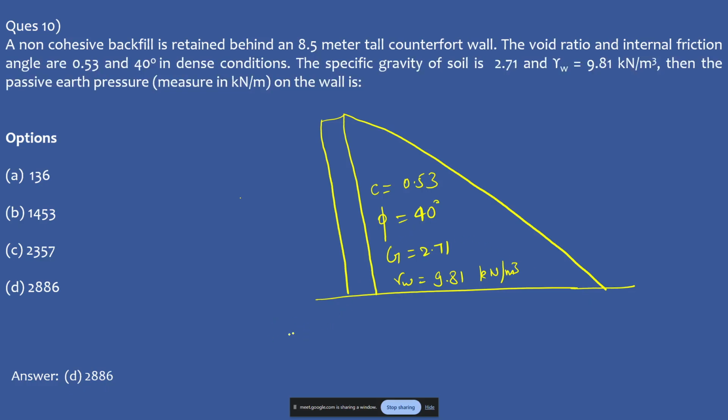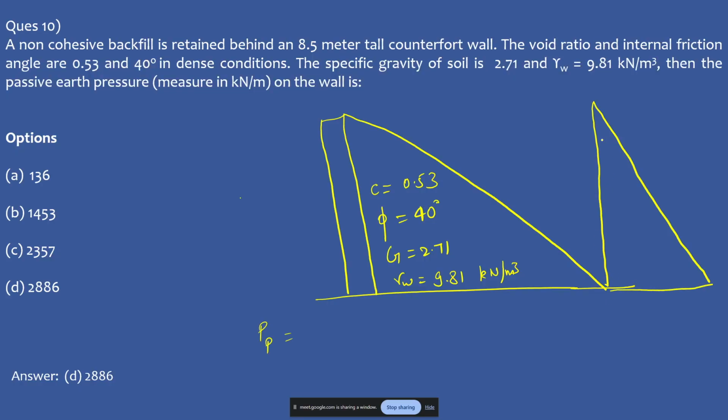Then the passive earth pressure Pp, we know how to calculate this. The stress block due to the lateral earth pressure from the soil will have a particular shape.